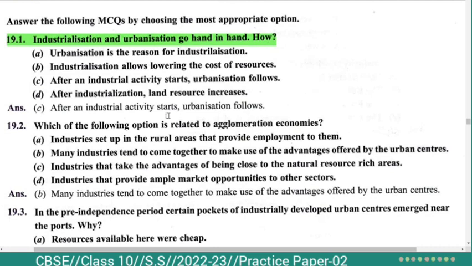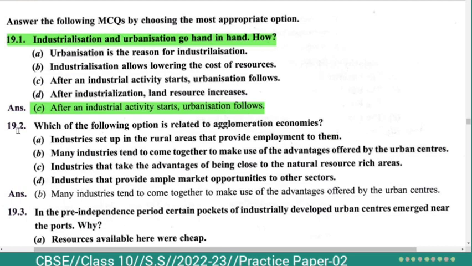C. After an industrial activity starts, urbanization follows. D. After industrialization, land resource increases. Here the correct answer is option C. That is, after an industrial activity starts, urbanization follows.